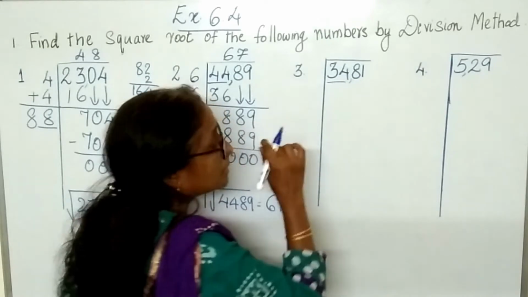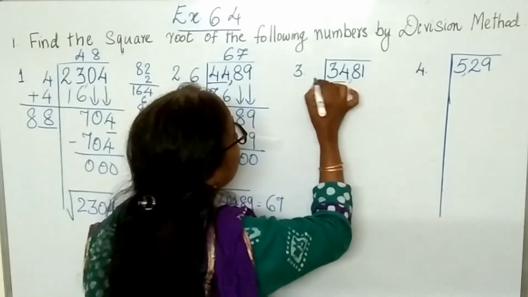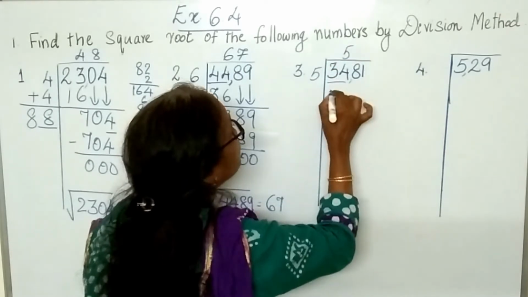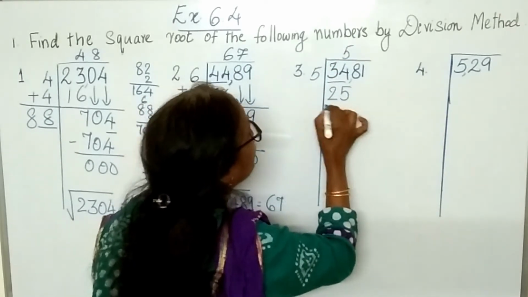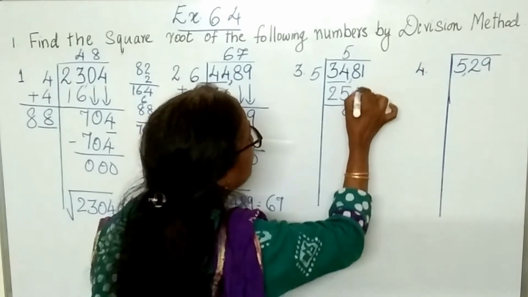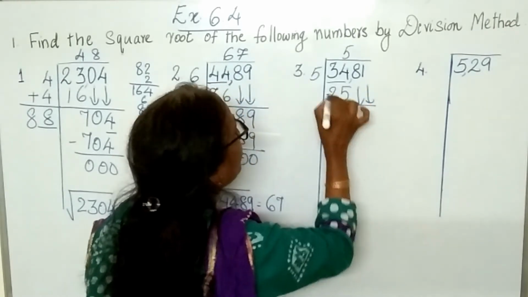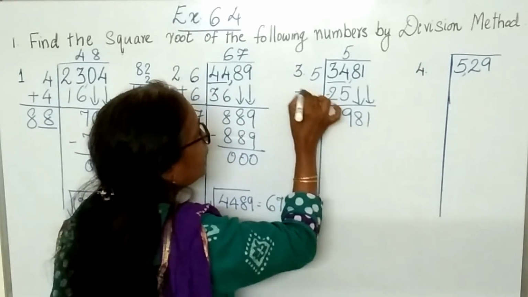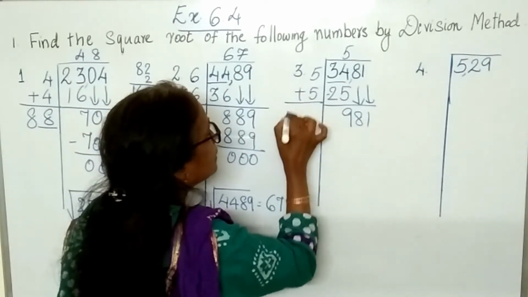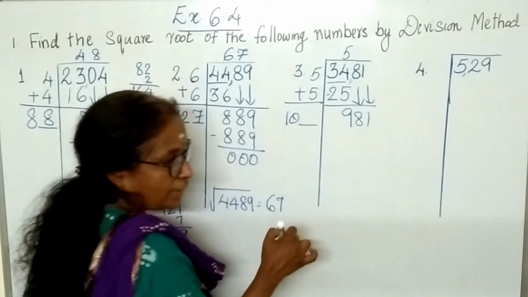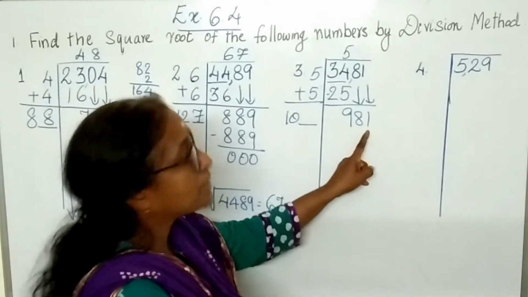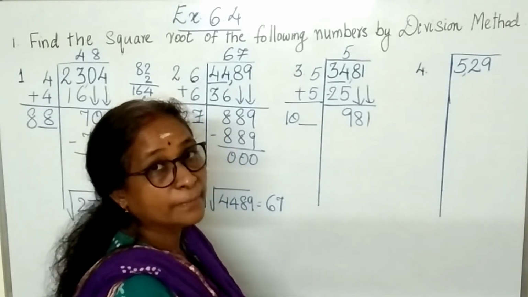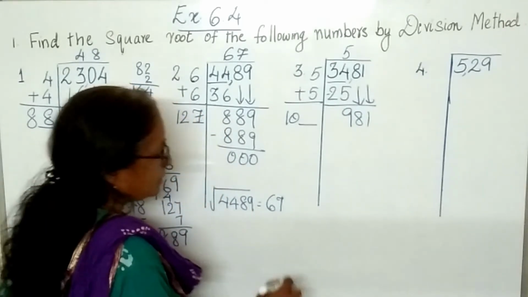Now quickly do the next sum, 3481. Here the square less than 34 is 5 5s are 25. When we subtract, we get 9. Bring the two digits down. Add this number, 10. Think of a number. Here the last digit is 1. Which number? 1 1s are 1 or 9 9s are 81.